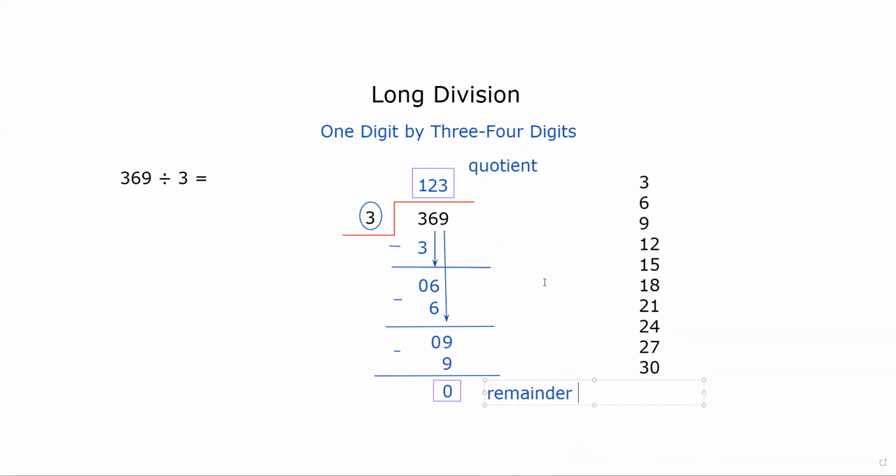Okay, so we have no remainder in this problem. The answer is 123. So when I did the division between 369 and 3, I was able to find the number that we call 123.